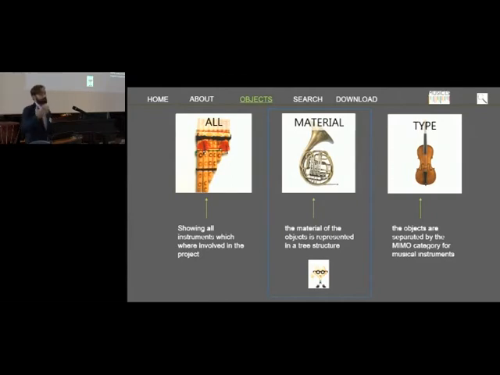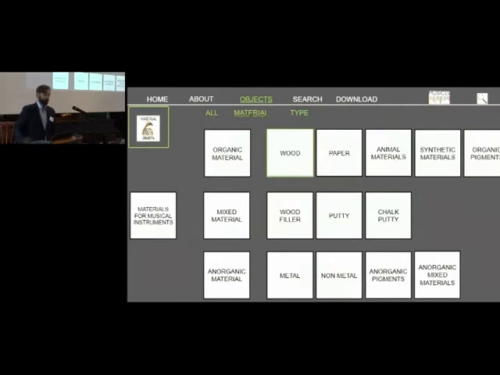We implemented a material tree for describing all the instruments and all the materials. So if someone is interested in all the materials made of wood, then he will find all the materials that are named with wood and or paper or whatever.